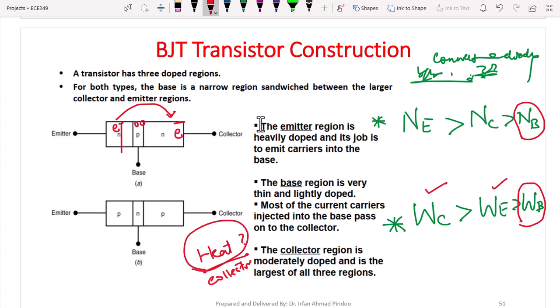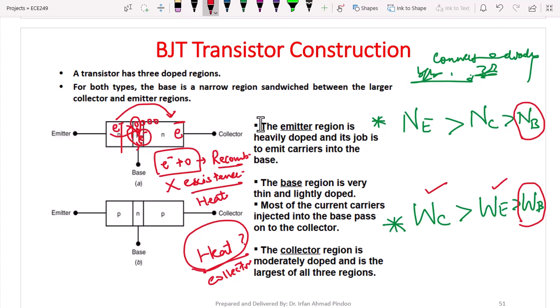We will be having more holes here, and once electrons pass here, this electron and this hole will combine, and once electron and hole combine, that process is called recombination. And in the process of recombination, what will happen? They will lose their existence, and they will release energy in the form of heat.